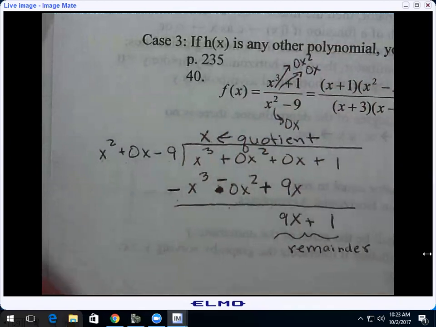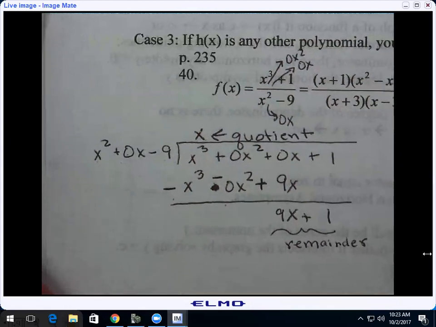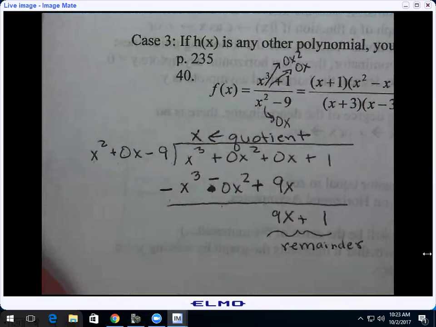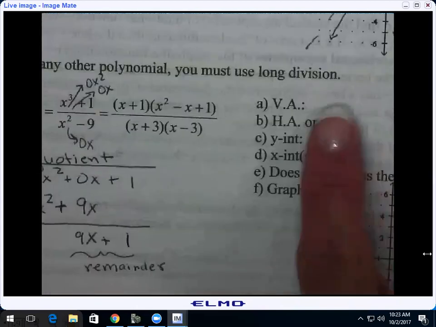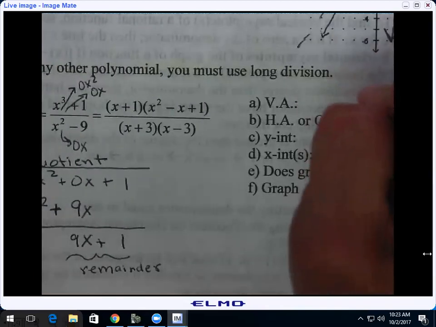So what's my oblique asymptote? No. The oblique asymptote's not the remainder, it's the quotient. Y equals x, because that's the quotient. My oblique asymptote is y equals x.